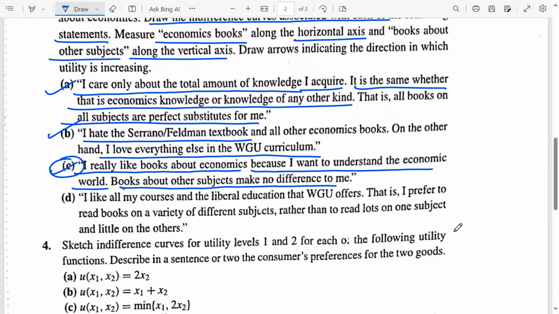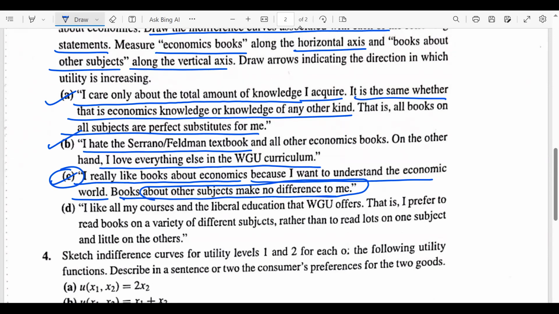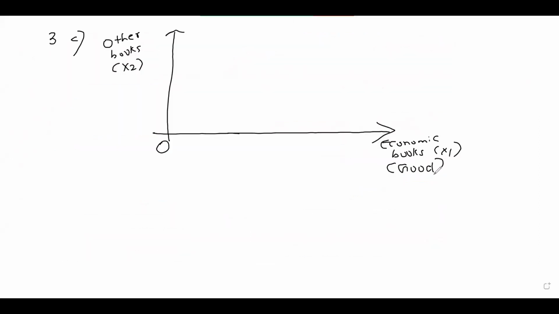The question is not saying that I hate other books. Books about other subjects make no difference to me means whether someone gives me other books or doesn't give, I'm equally happy. The other books are neutral books for me. So I can say that economic books are a good, but other books are a neutral for me. And recall from my lectures on utility, how do I plot the indifference curves when neutrals are measured on the vertical axis?